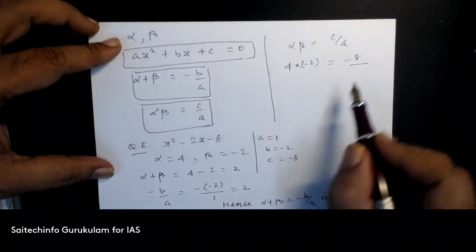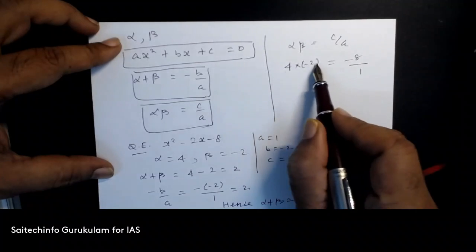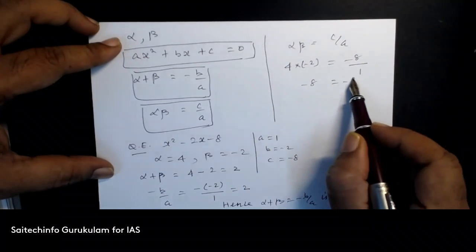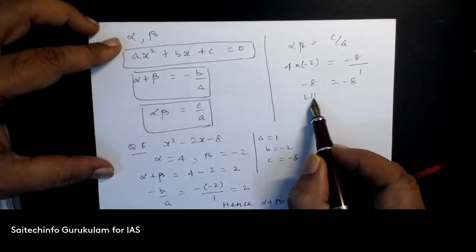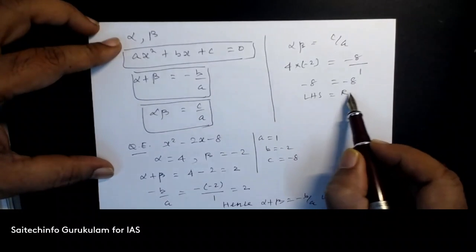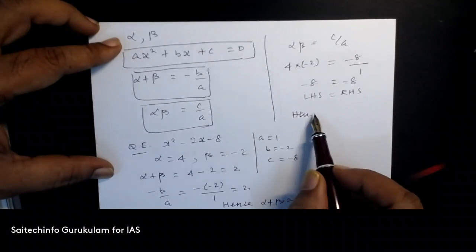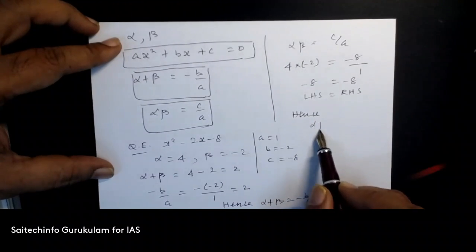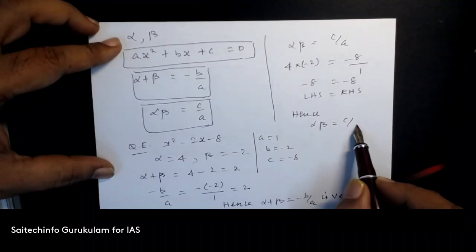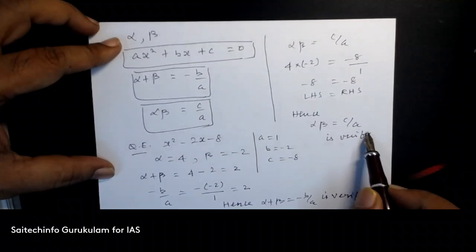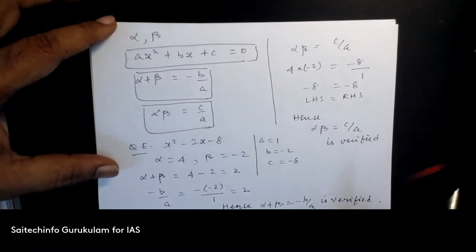What is a? a is 1. Now 4 into minus 2, minus 8. Minus 8 divided by 1, minus 8. So LHS is equal to RHS. Hence the proof. Hence verified. Hence we can say alpha beta is equal to c by a is verified. Are you able to understand this? Okay.